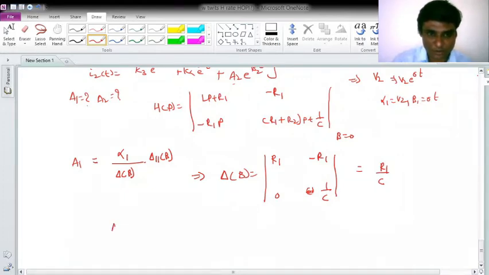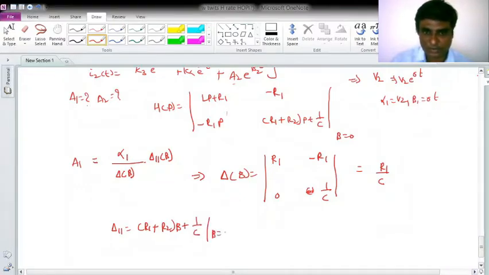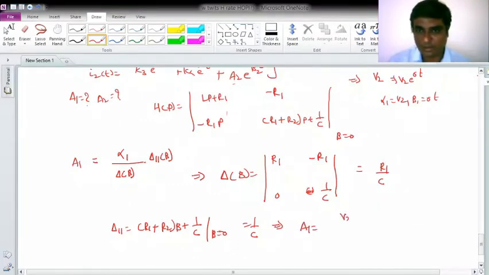In order to calculate the cofactor of delta 1 1, the cofactor of this will be R1 plus R2 beta plus 1 over C, and beta is 0, so this is 1 by C. So the value of a1 will be V2 upon R1 into C, into 1 over C, which comes out to be V2 by R1.